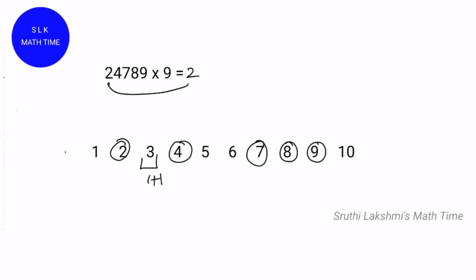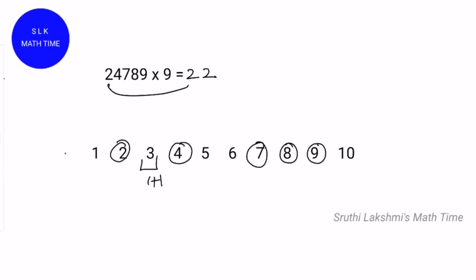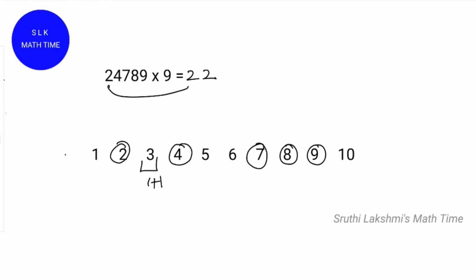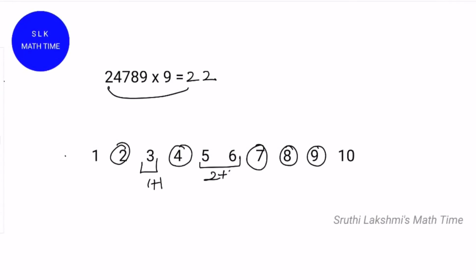So 1 plus 1 is 2. Now find how many numbers there are between the second and the third digit, which is 2. So add 2 plus 1, which is 3.